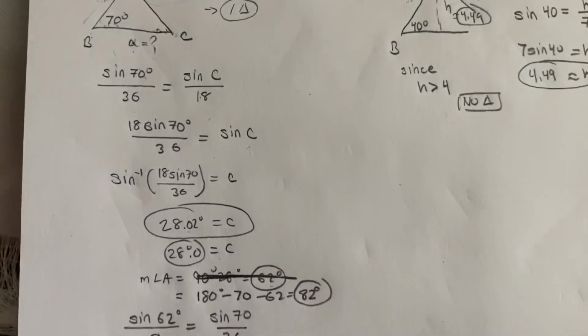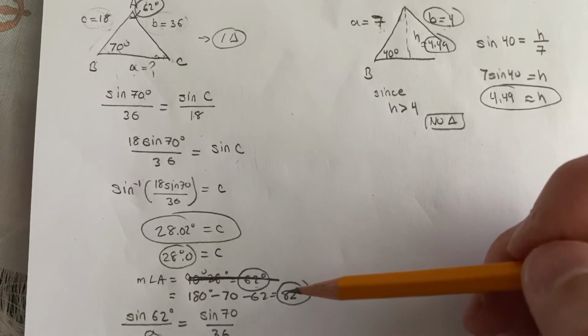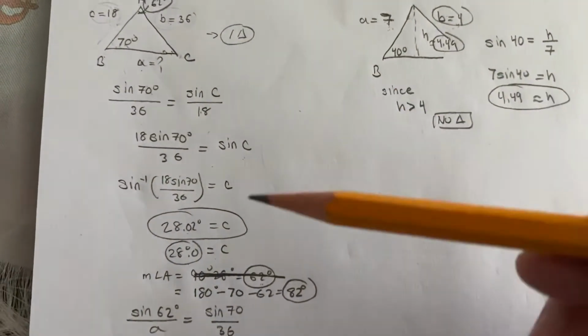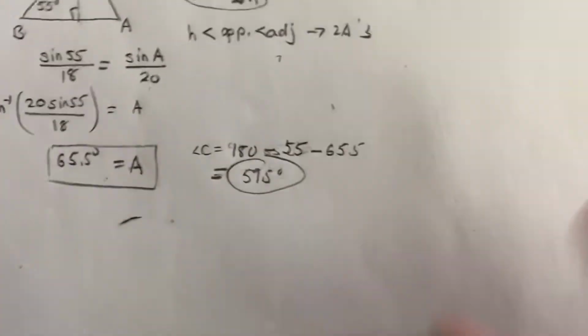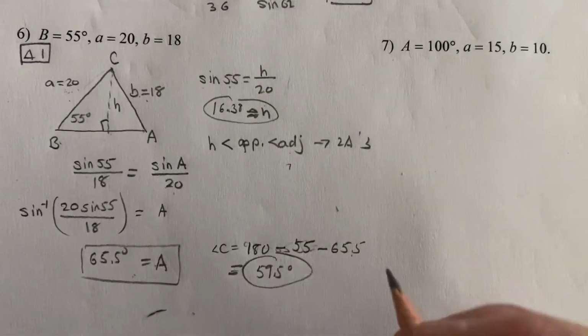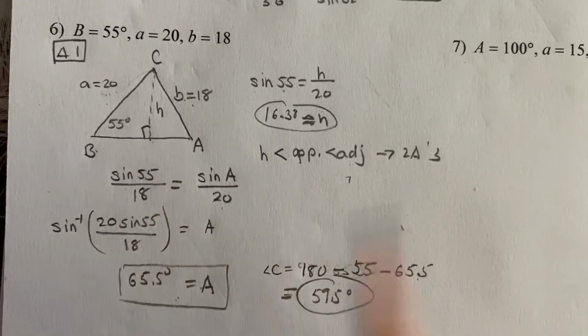So if you're a little confused on the previous video, little typo, little correction there. I was thinking that the other two angles were 90, but it's actually 180 minus 70 minus 62. Okay, 82. And before I make the same mistake over here, it's 180 minus 55 minus 65.5. Okay, so that computes triangle number 1.